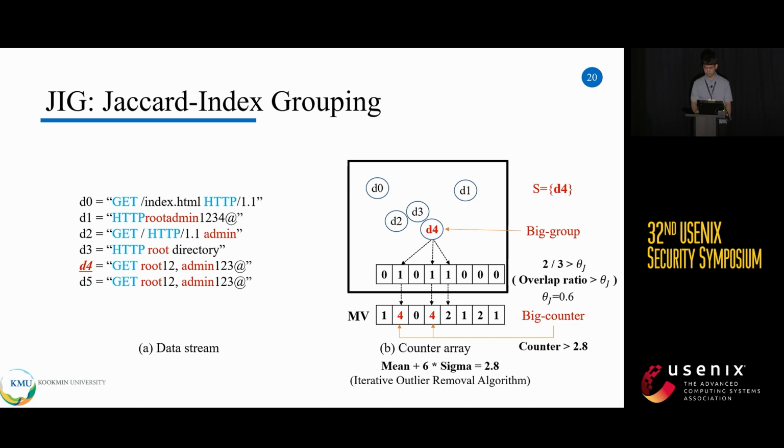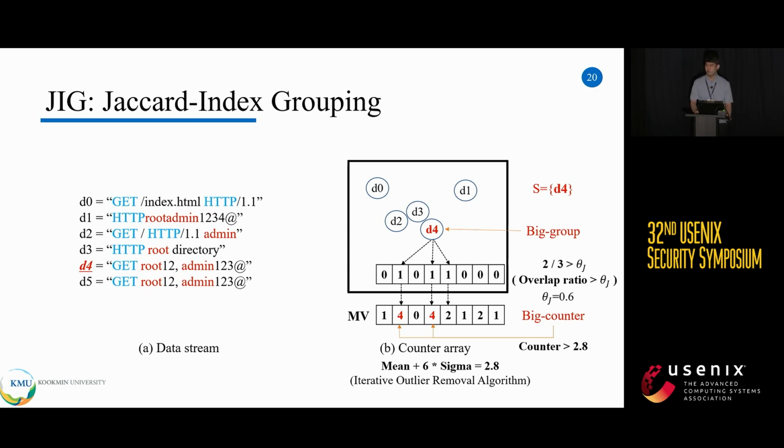If the ratio of the number of big counters to k is larger than a predefined threshold theta j, we say that a big group of D4 is identified. This means that we may have found a big group including D4 in terms of Jaccard index.